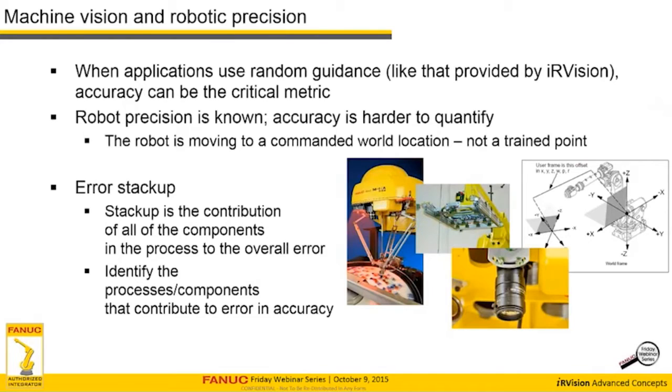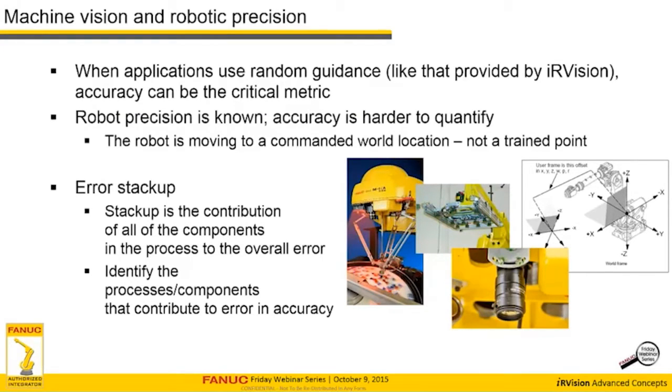We need to consistently report that that is an accurate world position in the center of field of view. So accuracy can be a critical metric. It's not always a critical metric in robotic guidance or in robotic applications, but in random guidance using machine vision, accuracy can be the critical metric. Here's the key, and here's the gotcha.